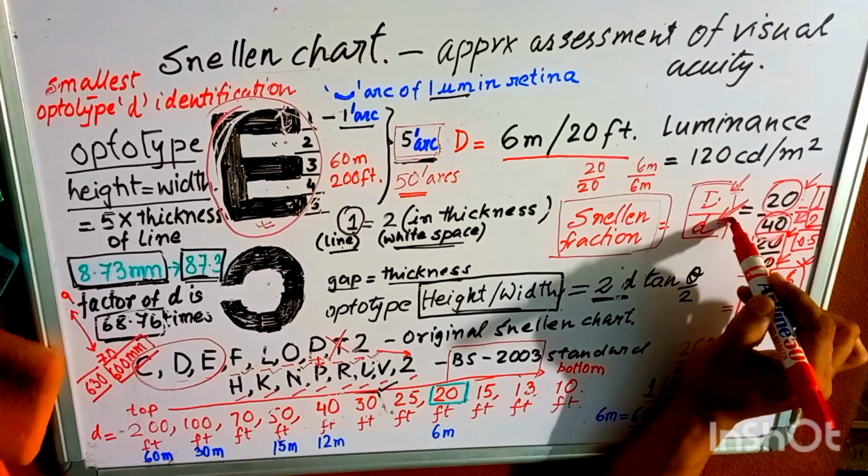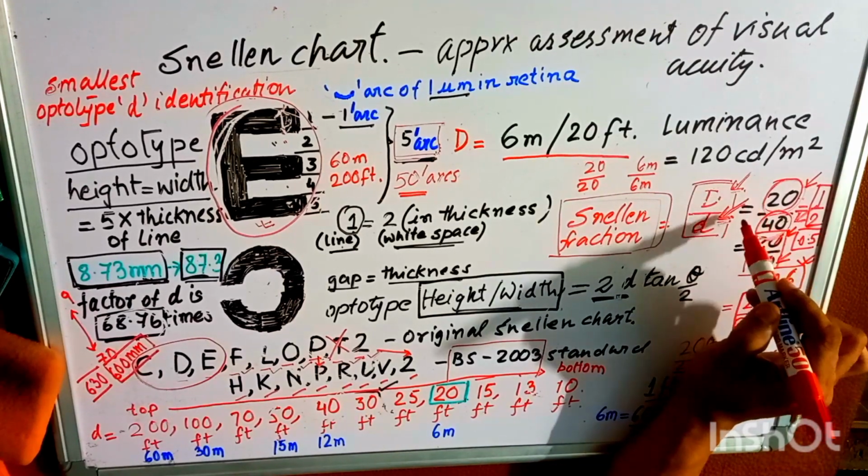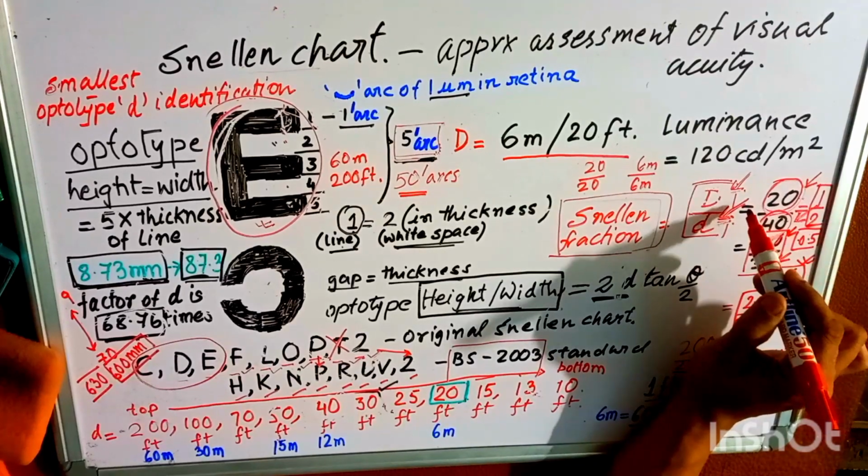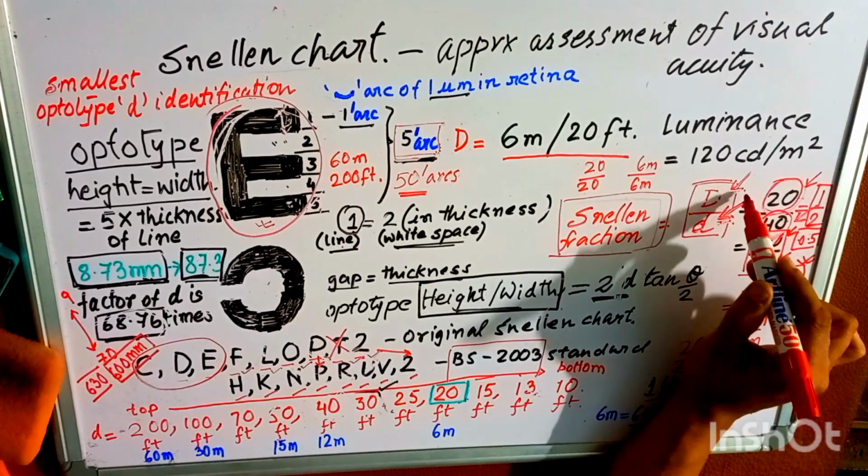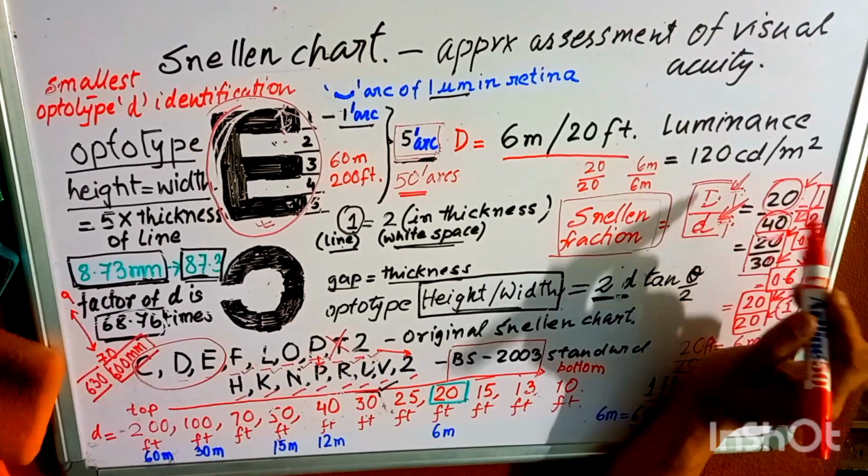So if I cannot read a 40 feet optotype, my vision is 20 by 40 or half. If I cannot read a 30 feet optotype, my vision is 20 by 30, that is 0.6.